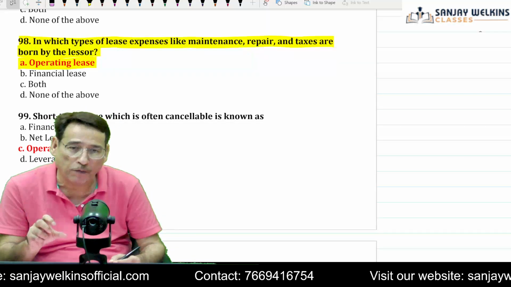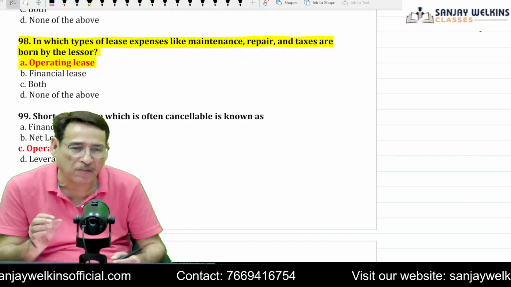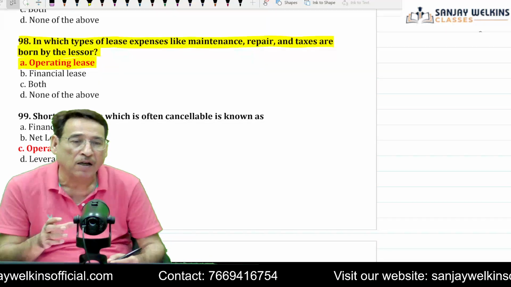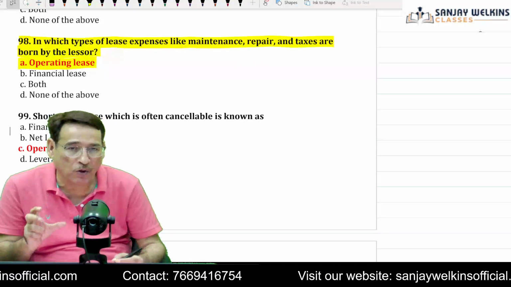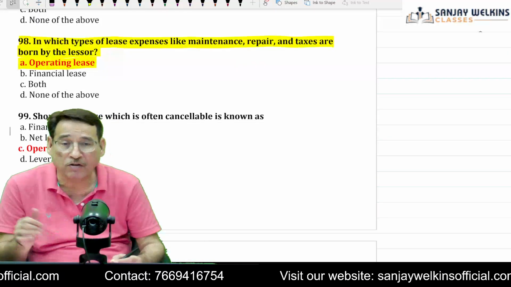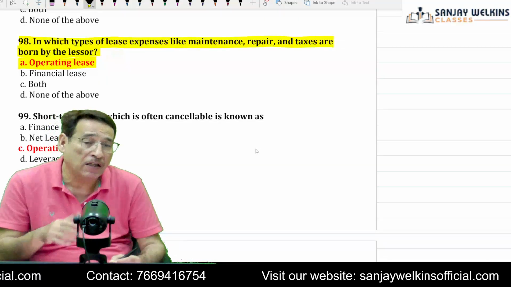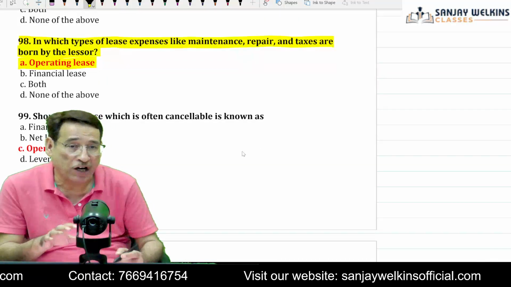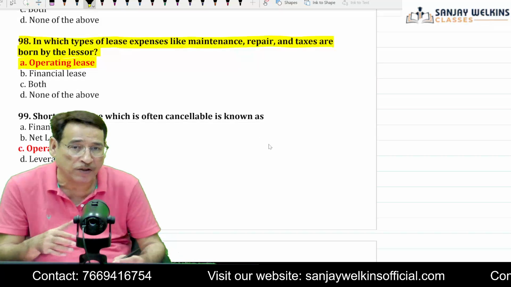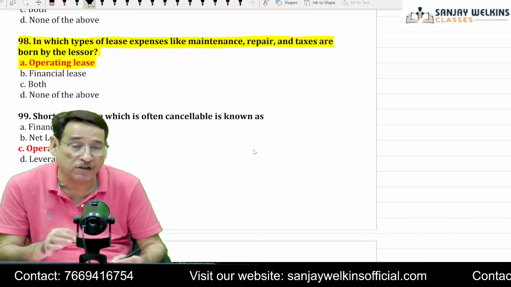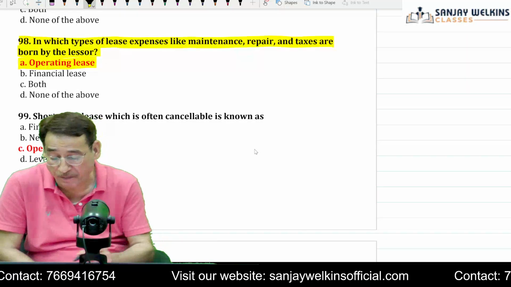But operating lease generally happens to be for a short period, correct? Here, the lessor will remain the owner of the asset even during the lease term. But at the same time, all the risk and rewards are not transferred. In the sense that all the maintenance, repairs, expenses, etc. in connection with such assets will have to be borne by the lessor.